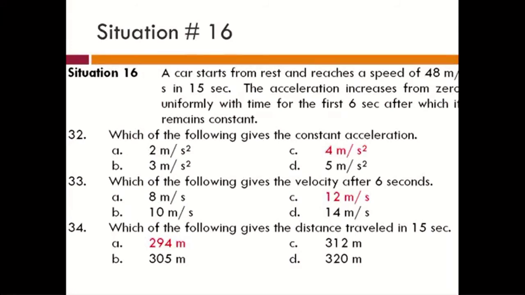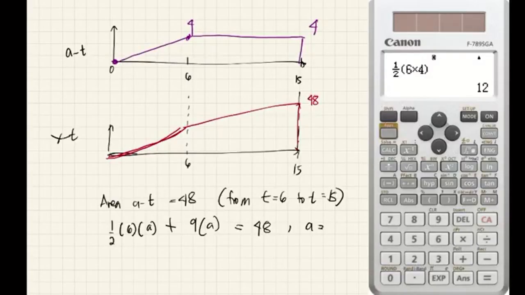And lastly, the distance traveled in 15 seconds, di kunin lang natin yung area below the velocity time graph. Okay, so 1/3 BH para dun sa parabolic spandrel. Ay, sorry, ano to? 12 to, di ba? This is 12. So, base is 6, height is 12.